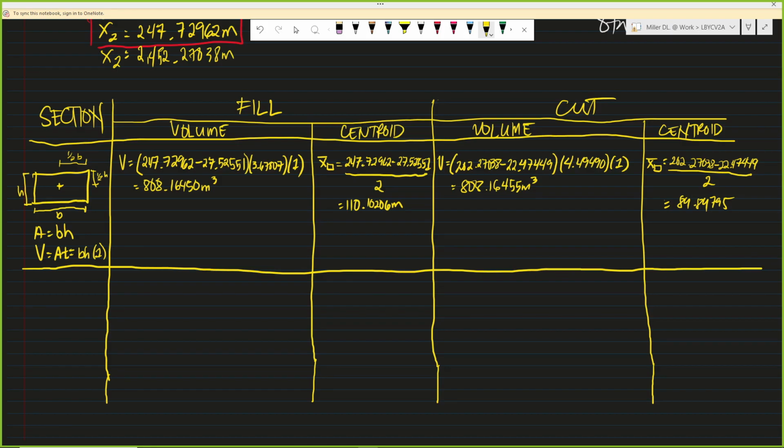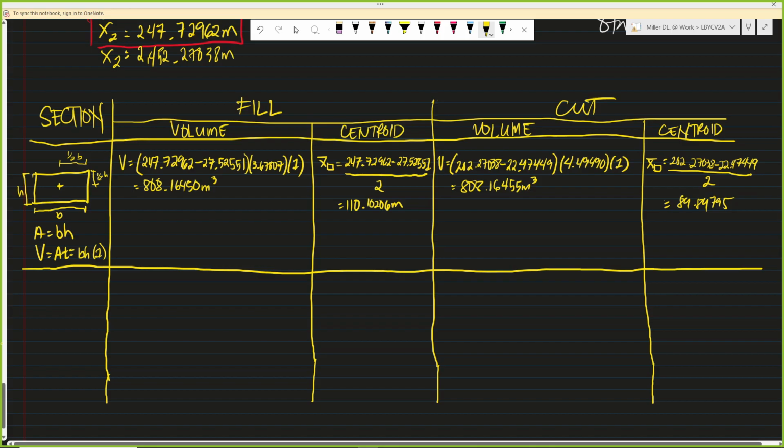Okay, next part, yung triangle naman. So, this is the altitude. And this is the base.